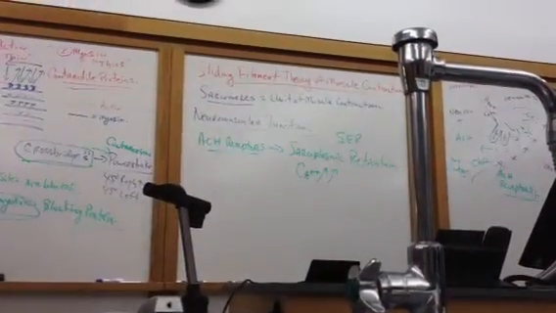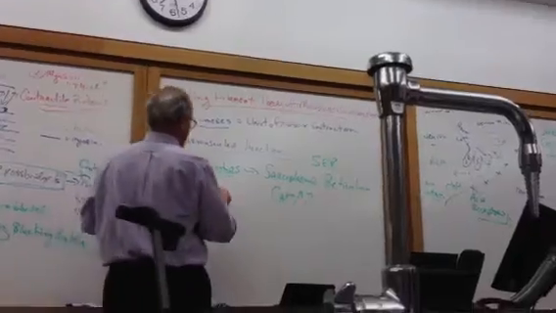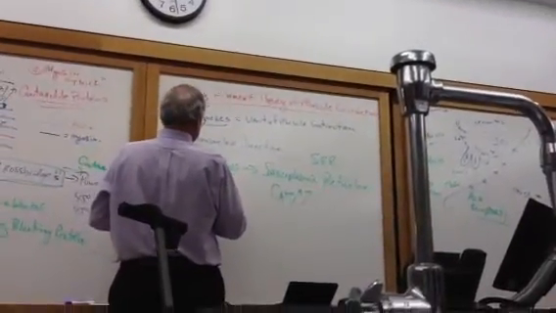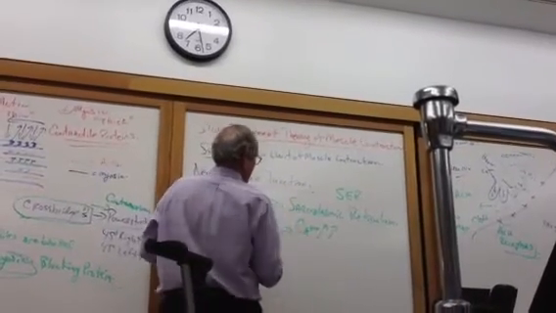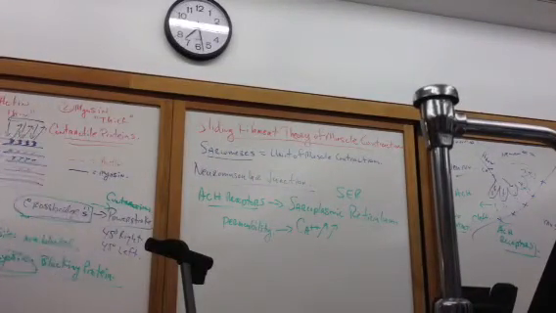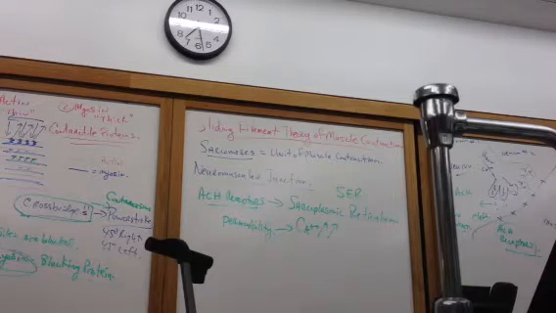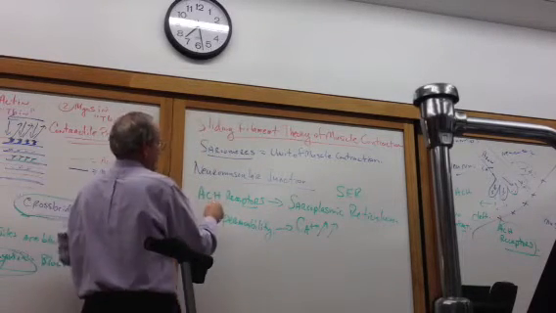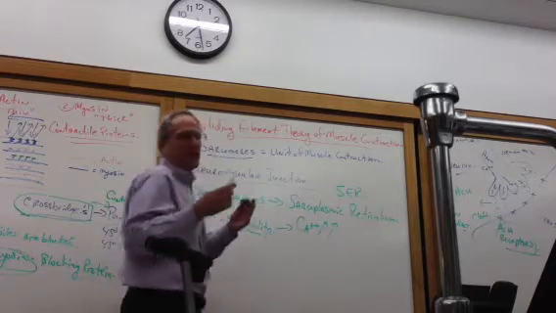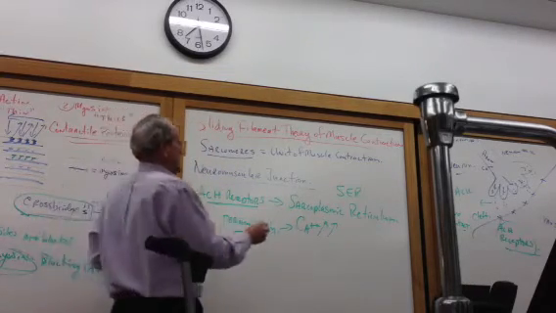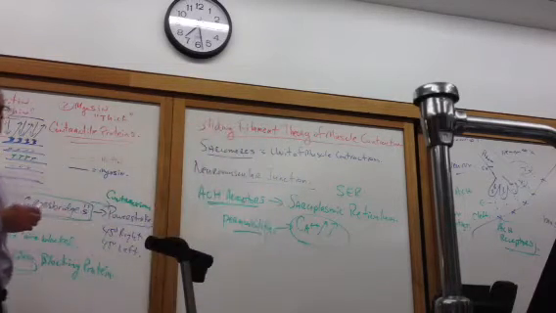So the permeability of the sarcoplasmic reticulum is changed so that calcium is released. Calcium is stored in the sarcoplasmic reticulum. And the acetylcholine binding to the acetylcholine receptors causes a change in the permeability of the membrane of the sarcoplasmic reticulum, which releases a lot of calcium.